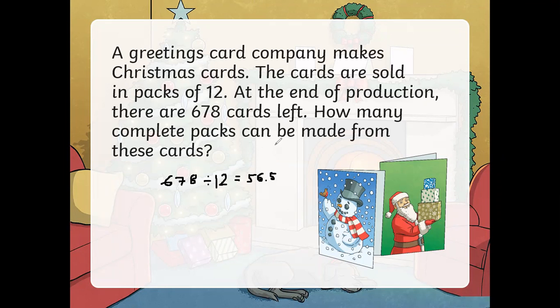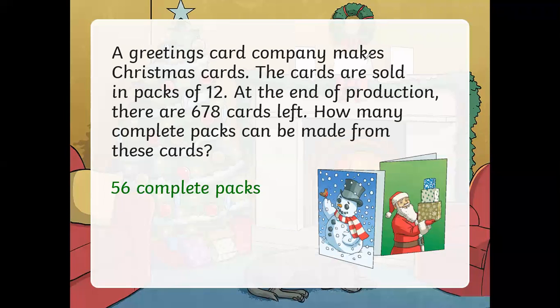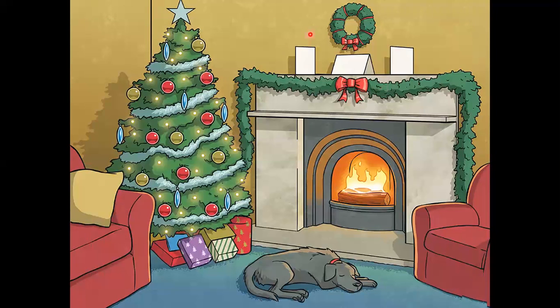So how many complete packs can be made from these cards? So then we know that whatever comes after the decimal points can't be a complete pack, so it gets rounded down to 56 complete packs. Let's check the answer. There we go. 56 complete packs can be made from those cards. And that is the end of today's lesson.